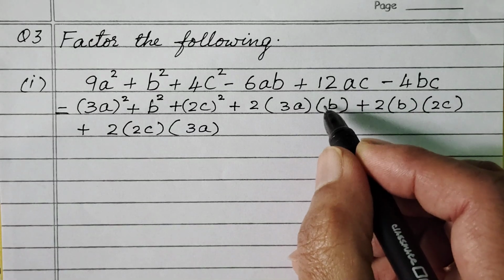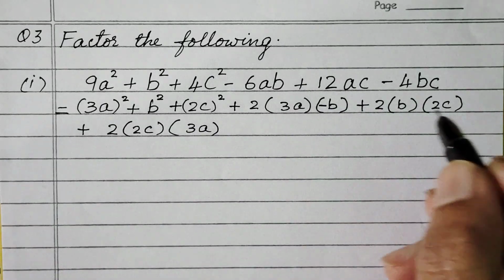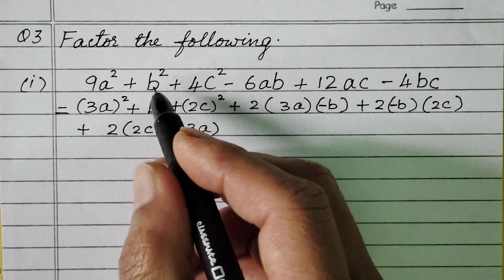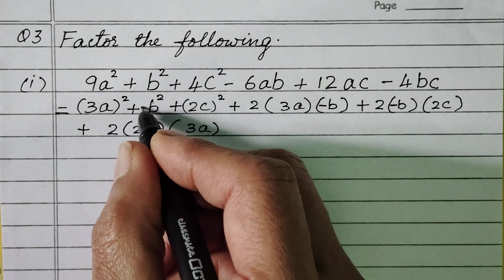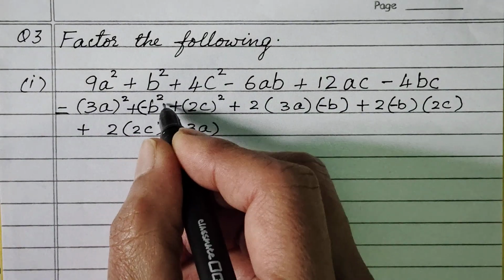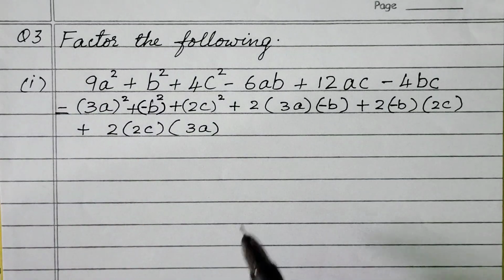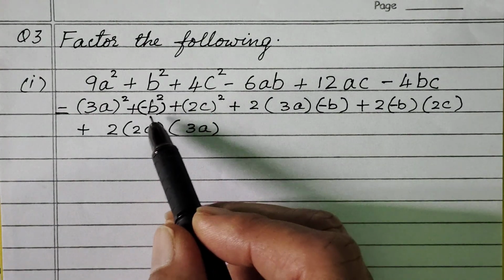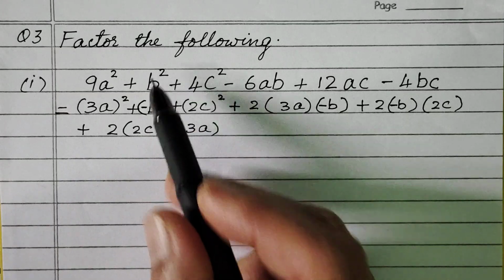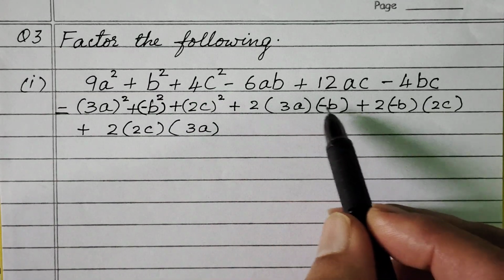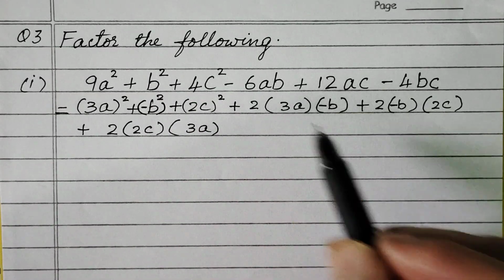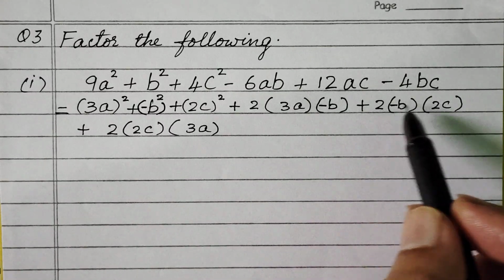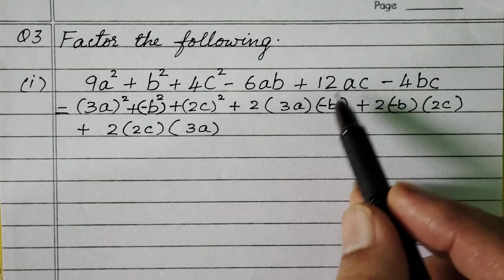So suppose I make it minus here, I have to make this also minus b whole square. Now minus b into minus b is b square. So here I'll get minus 6ab. Here I'll get minus 4bc. So now it is okay.